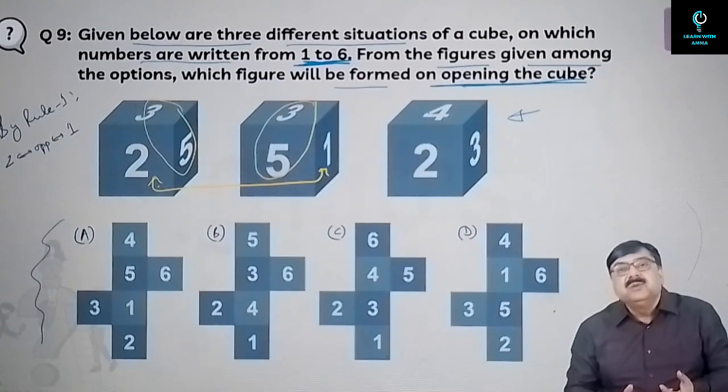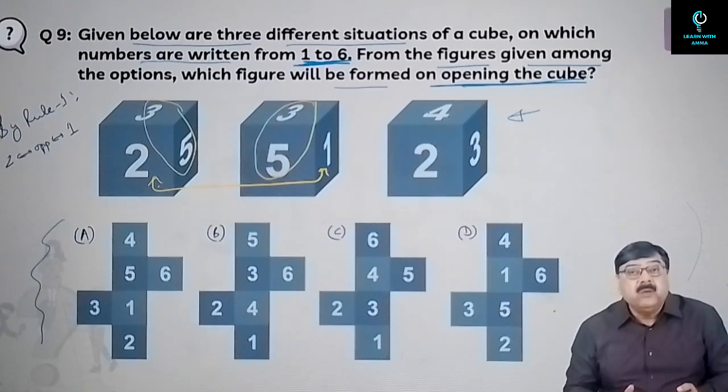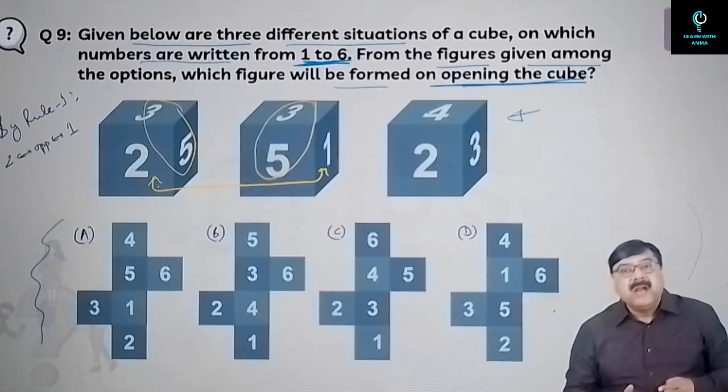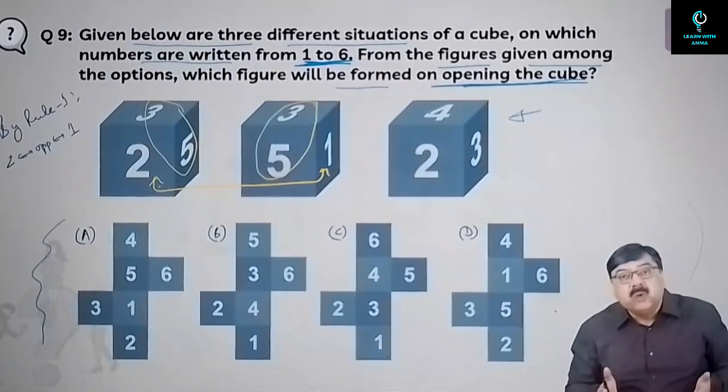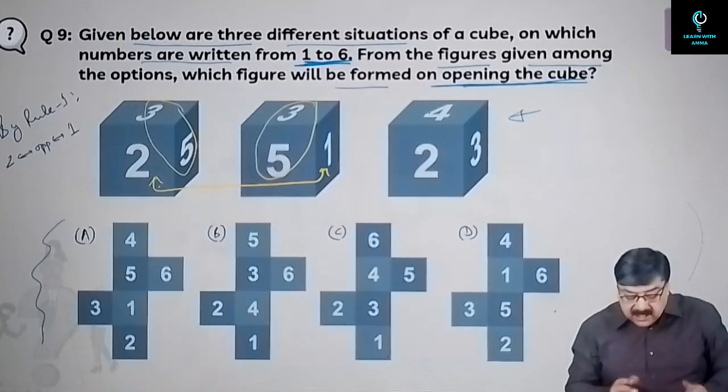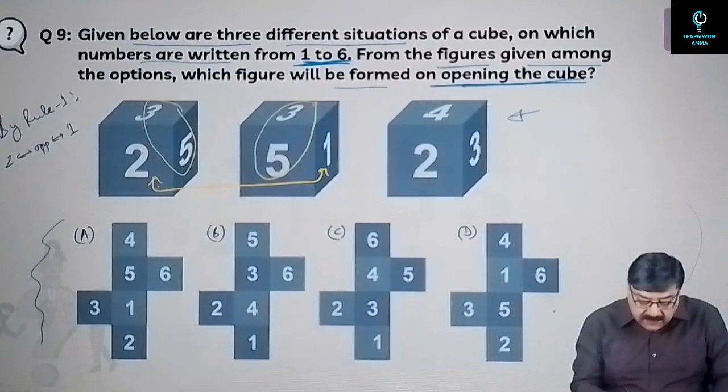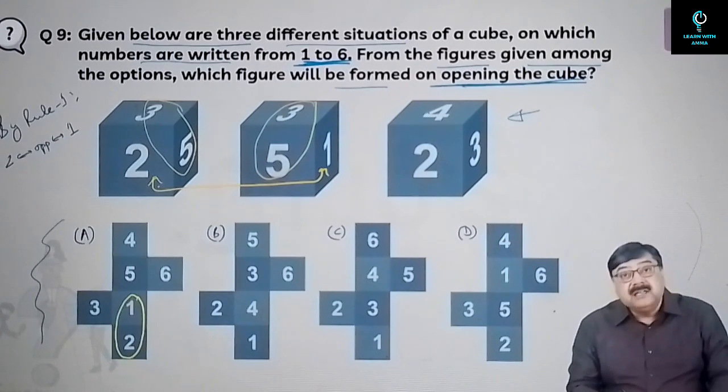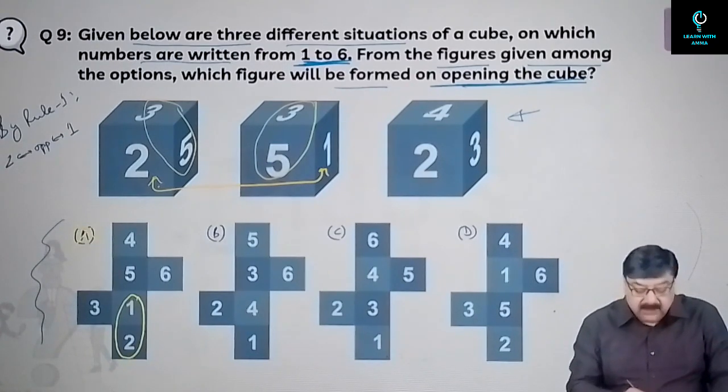So try and use this relationship between 2 and 1, that is, they're opposite each other, which would mean that when we open the dice, 2 and 1 should be in the alternate squares, not in the adjacent squares. So when we visit choice A, 2 and 1 are found adjacent to each other. So hence choice A cannot be the answer.